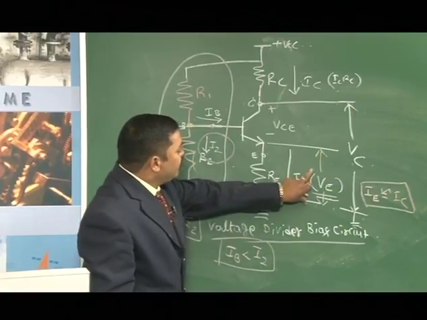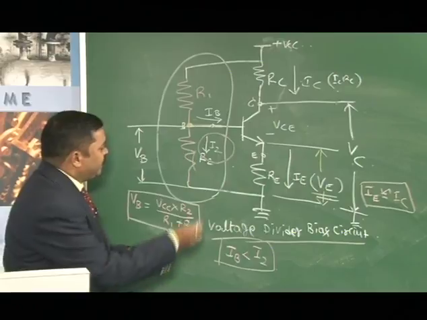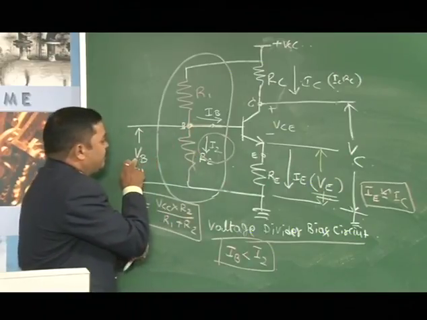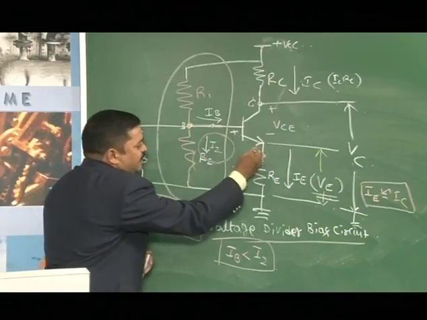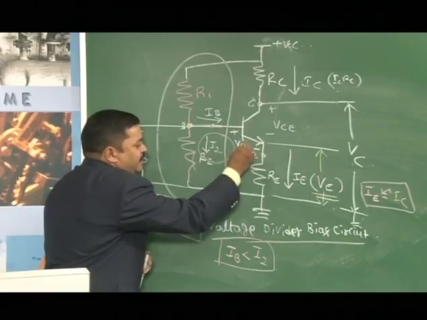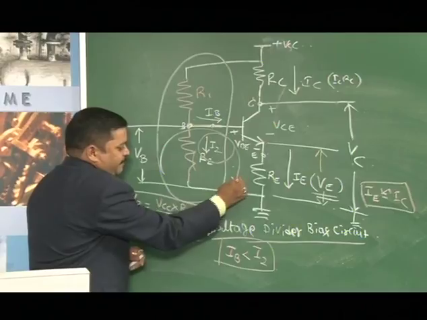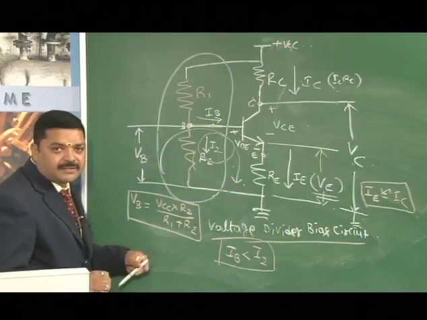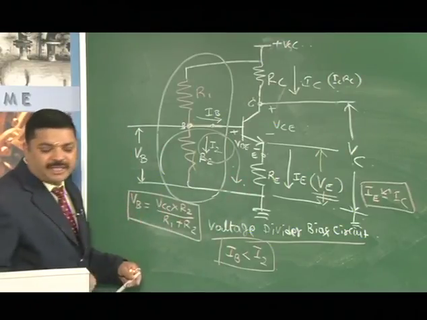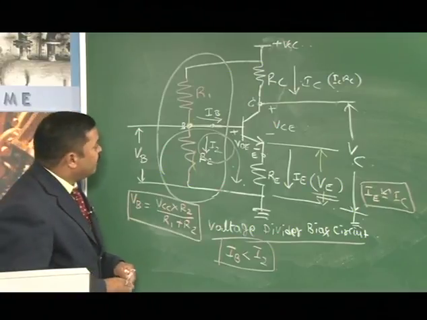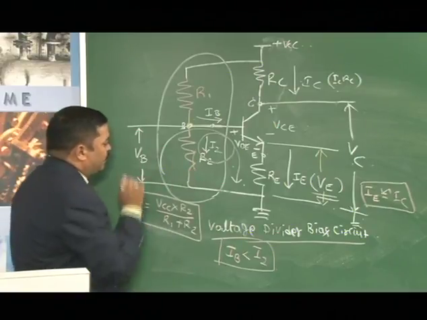So VE we need to find out. To find out VE, the voltage here is VB, and here there is a plus minus VBE cut-in voltage, which is understood, right. We will apply KVL for this input loop, lower part of the input loop. When we apply KVL for this input loop, what will we get?